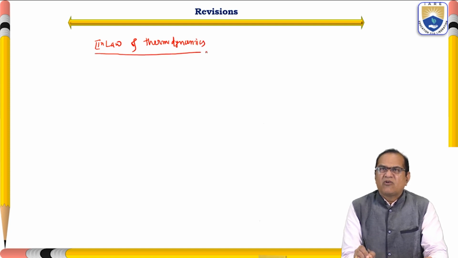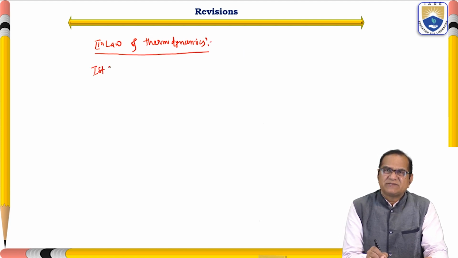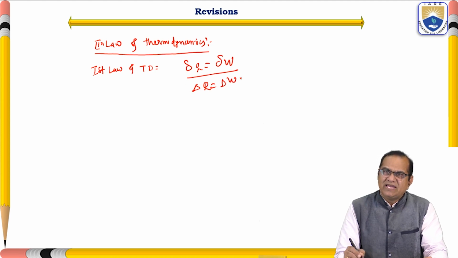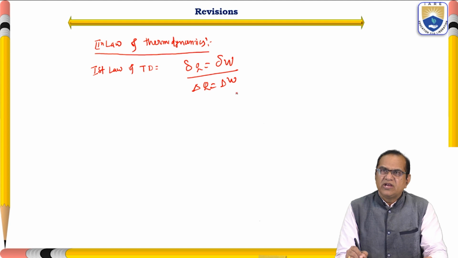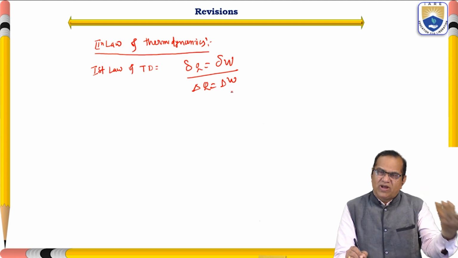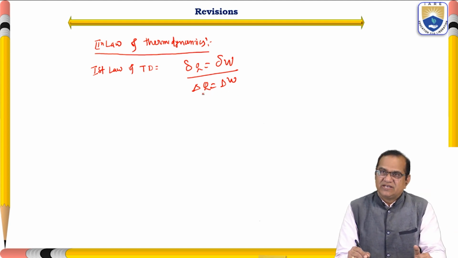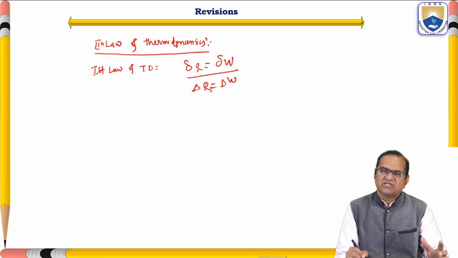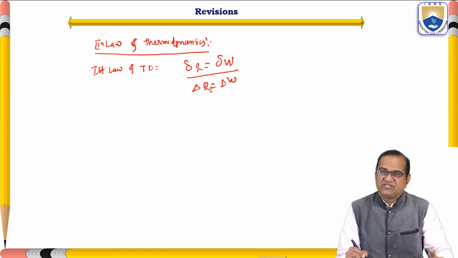If you see the first law, the first law says that delta Q is equal to delta W. It means whatever heat you supply will be converted to work, or if you give some work, this work may be converted to heat. So heat and work are both interchangeable. We can say that the first law of thermodynamics is a conservation of energy.